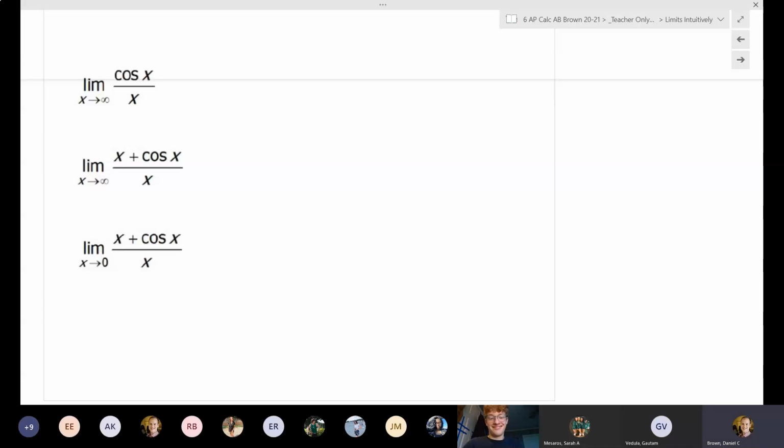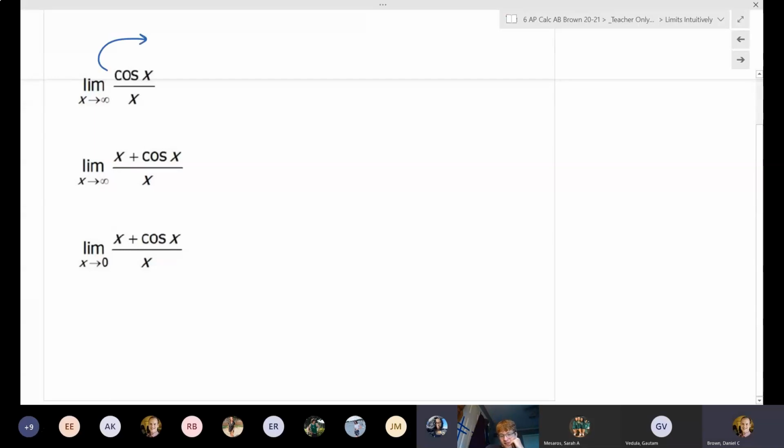Of these, let's just look at the first one. For the first 2, I have the limit as x goes to infinity. So let's think about that first one. I have cosine of x all over x. What does the graph of cosine of x look like?